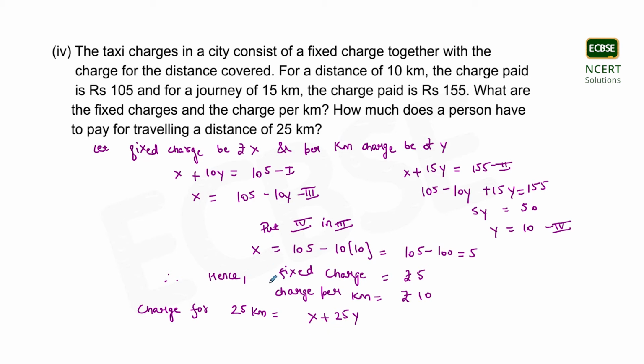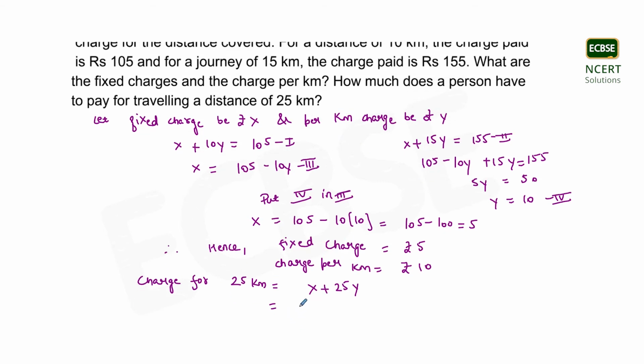Right, means fixed charge plus kilometers into the charge per kilometer. Substituting the value of x and y respectively, it's 5 plus 25 into 10 is equal to 5 plus 250, which comes out to be equal to rupees 255.